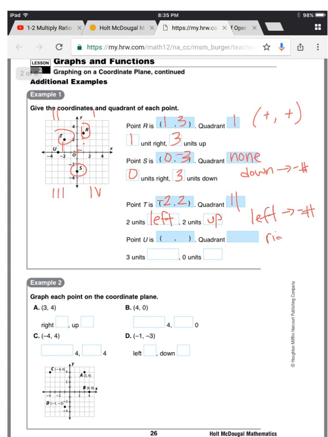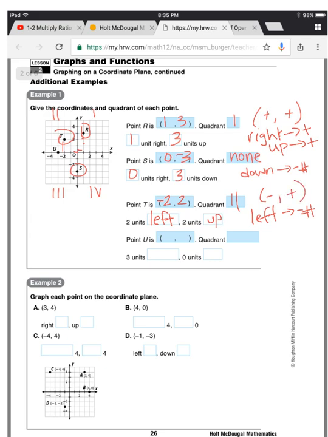Right gives me a positive number. I'm going to write that somewhere else so it's not confusing. Right is positive. And up is positive.